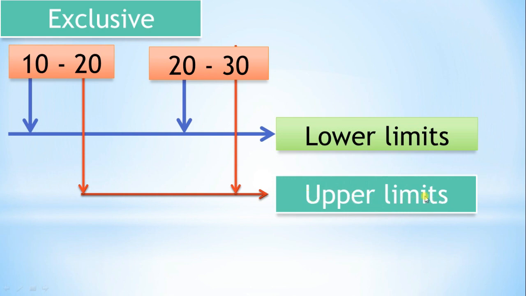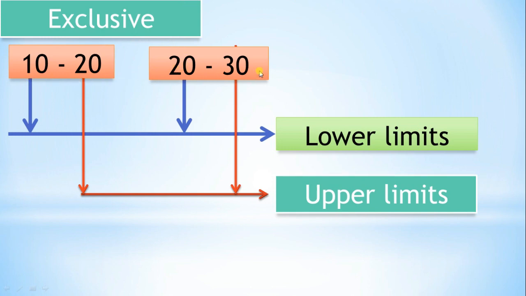So what is exclusive now? I hope by this time you got an idea of exclusive. Exclusive means the upper limit of one class coincides with the lower limit of the next class. Here you can find 20 as upper limit, the same 20 as lower limit in the next class interval.